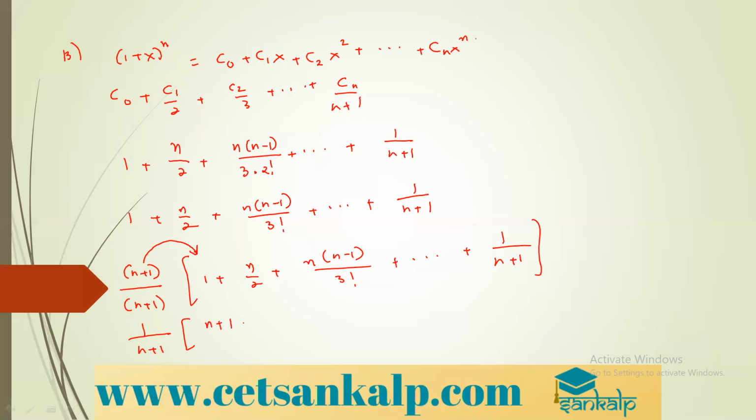So first term is n plus 1, n plus 1 into n by 2 factorial, n plus 1 into n minus 1 by 3 factorial, so on. The last one will be 1.